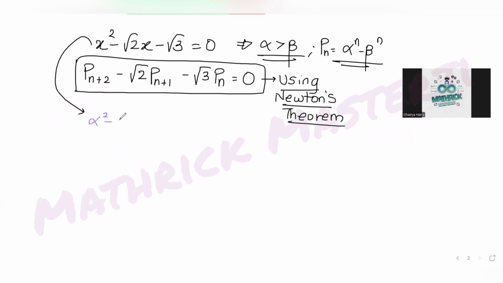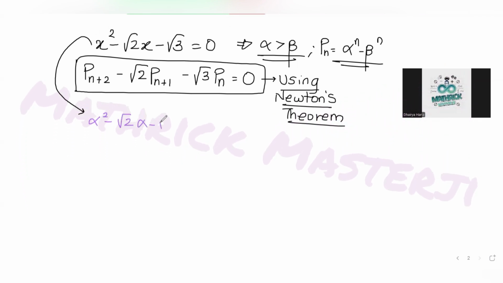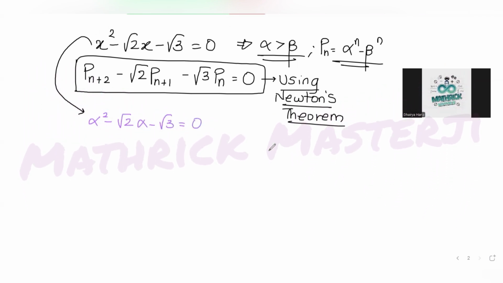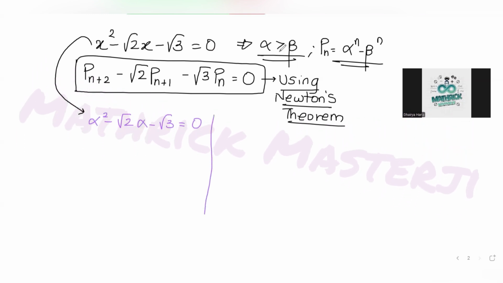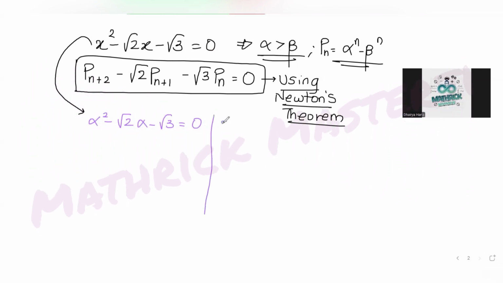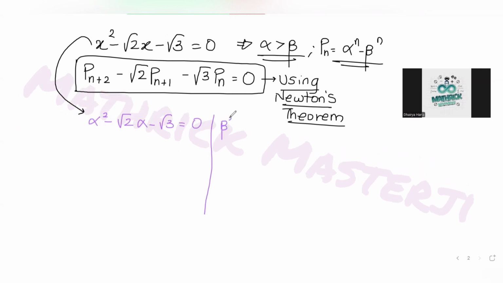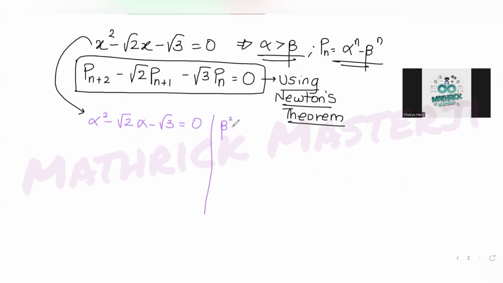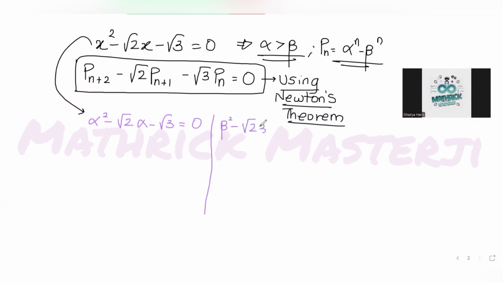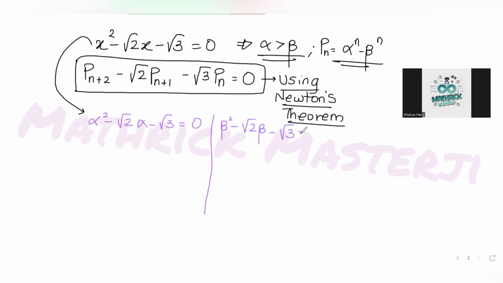So alpha square minus root 2 times alpha minus root 3 is equals to 0, correct? Similarly, beta is also a root, so I get beta square minus root 2 times beta minus root 3 equals 0.